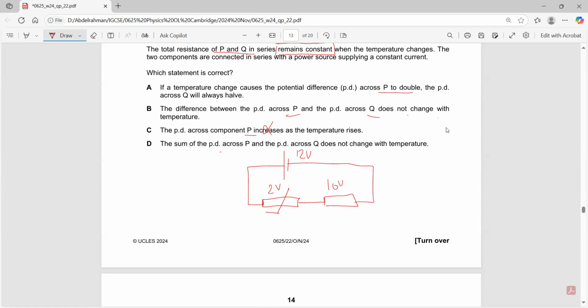Whatever happens to the temperature or the resistance, for example, if this is now 5, this would also be 7. Why? Because the sum will always be the same as the power source. Okay?